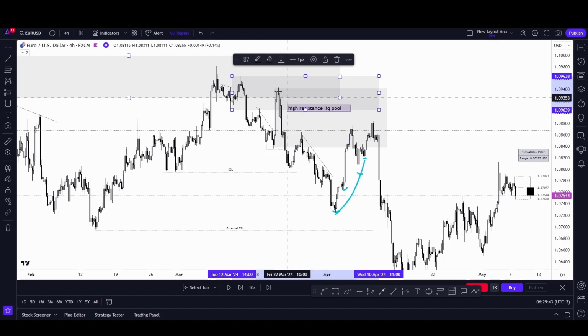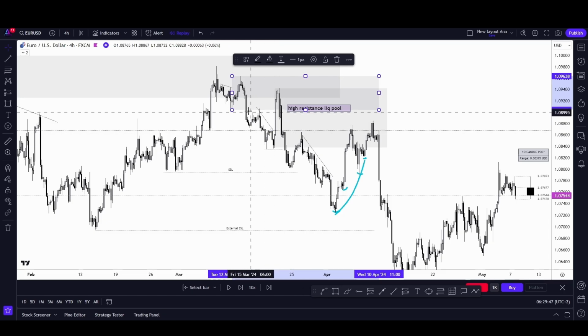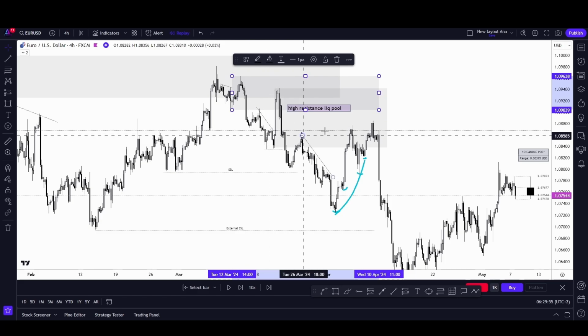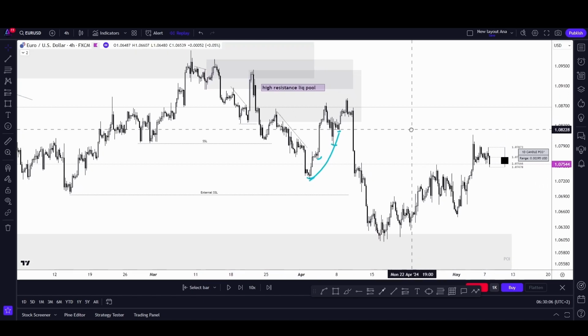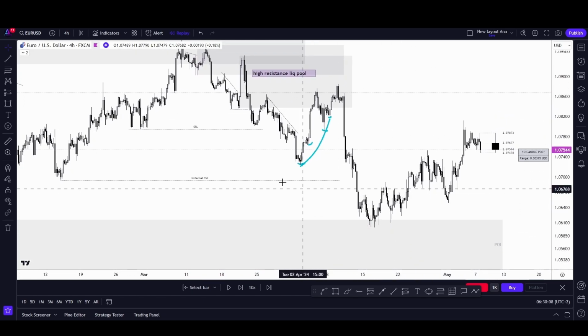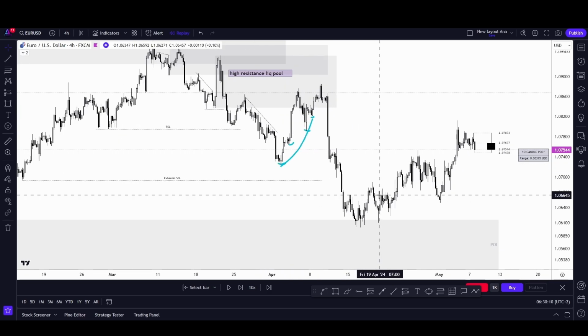So once we know that we have tapped into such an area, people are not going to get trapped by these fake market structure breaks or market structure shifts or change of character, however you want to call it. But once you understand this cycle, believe me, your win rate will drastically improve. And I can continue showing you lots of such examples.